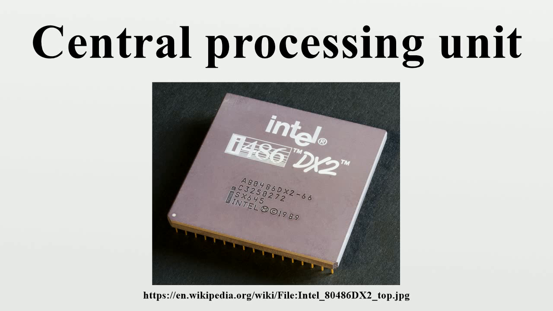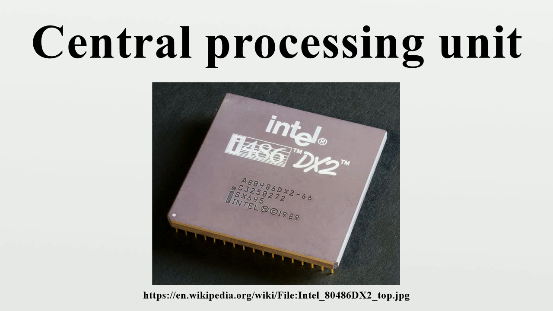As the microelectronic technology advanced, an increasing number of transistors were placed on ICs, decreasing the quantity of individual ICs needed for a complete CPU. MSI and LSI ICs increased transistor counts to hundreds, and then thousands.